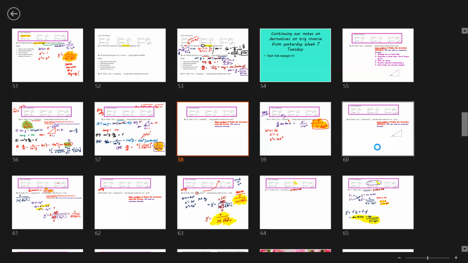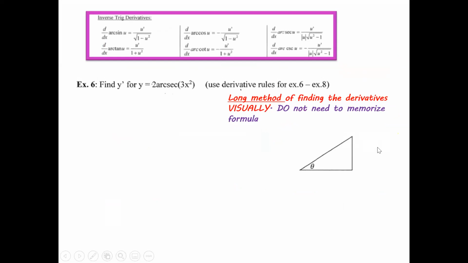All right, let's go on to example 6. Let's try to do the long method with this one. All right, so with this one, first step, you are going to put in the secant for both sides.